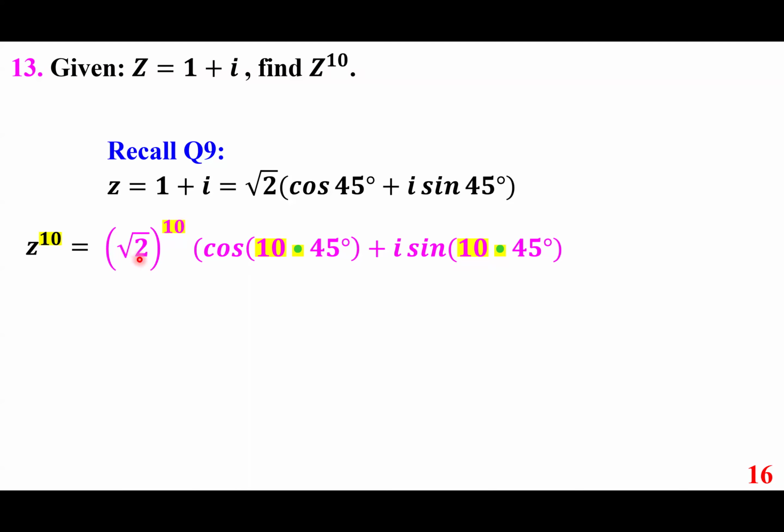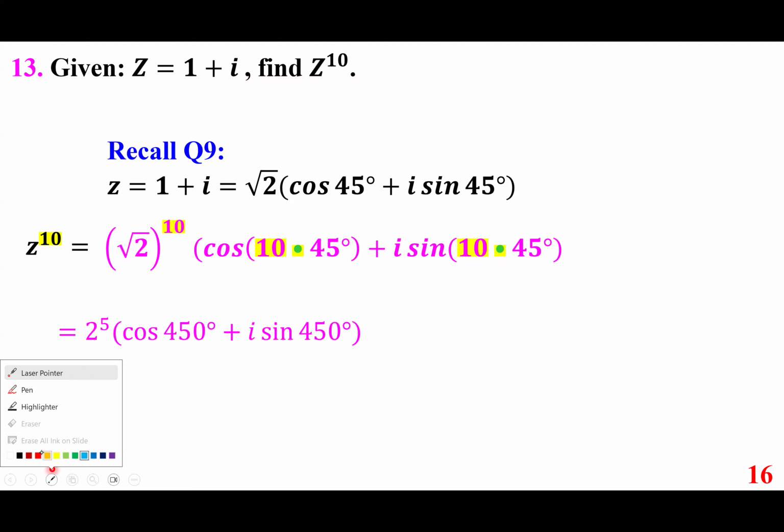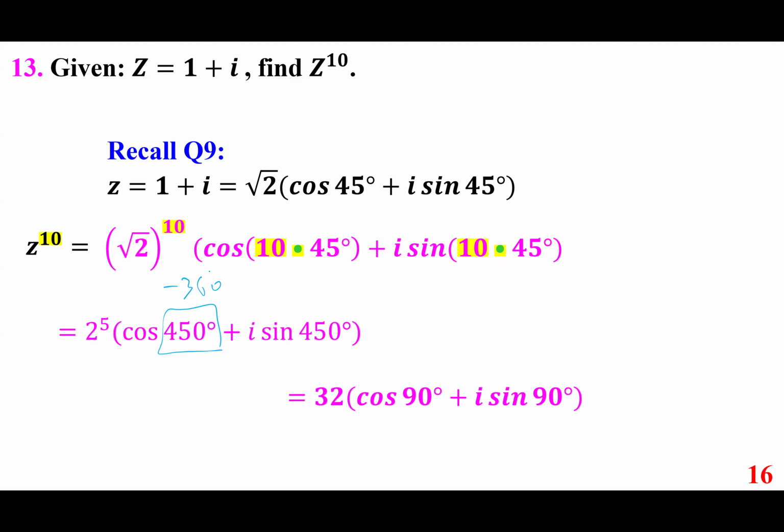Square root of 2 to the power of 10 is the same as 2 to the power of 5. 10 times 45 is 450. Now, 2 to the power of 5 is 32, and 450, if you subtract 360, you get the same angle, which gives you 90 degrees, and cosine is 0, sine is 1. So we get 32i as the final answer.